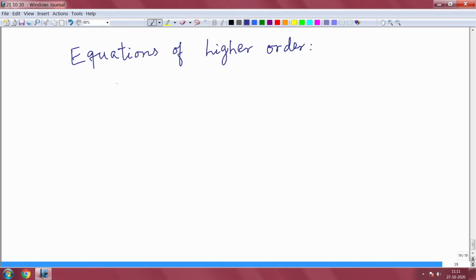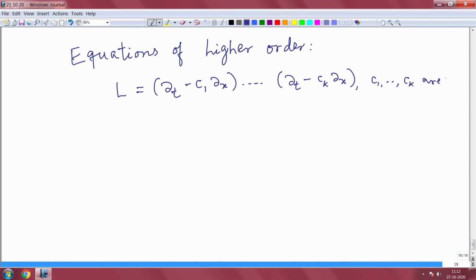The operator L is a kth order differential operator which can be factored into linear factors, product of del t minus c1 del x and so on, where c1, c2 and so on are all distinct real numbers.